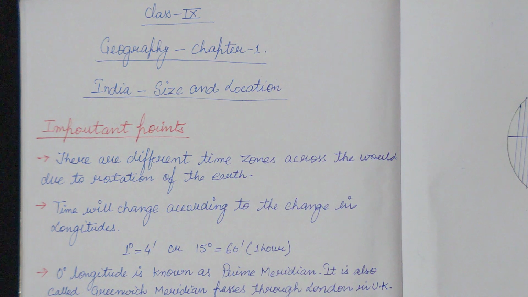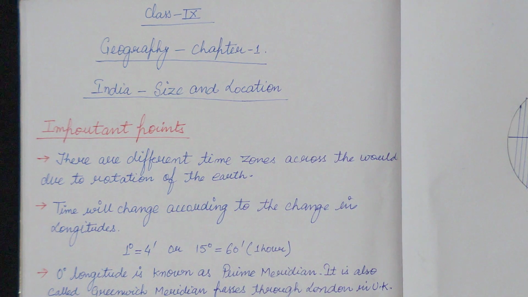The person sitting in Gujarat can see a time difference of 2 hours with the person sitting in Arunachal Pradesh. This is because of the longitudinal extent of 30 degrees, right?